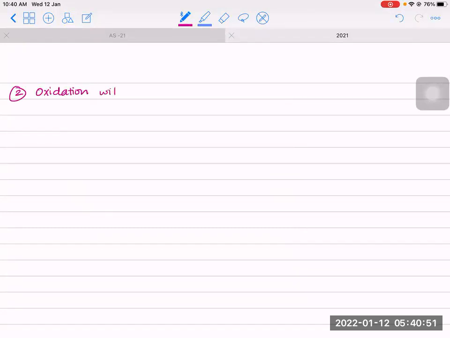So you use aqueous KMnO4 for oxidation. You haven't done this earlier. We didn't do this in alkanes or anything. Yeah. But you do remember that KMnO4 is an oxidizing agent. So you can represent it with a square bracket and an O. So this is how you represent your oxidizing agent.